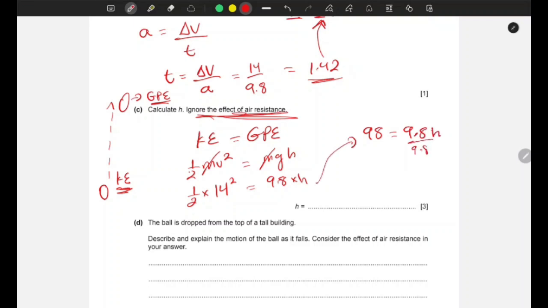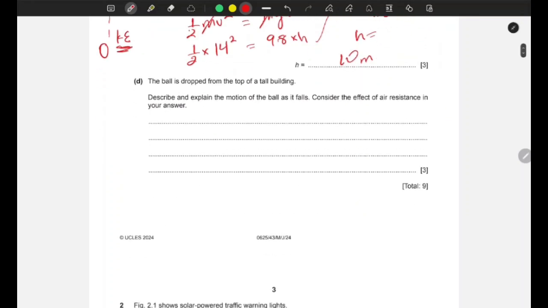Divide both sides by 9.8 and we get a height of 10 meters. And there's the 3 marks.